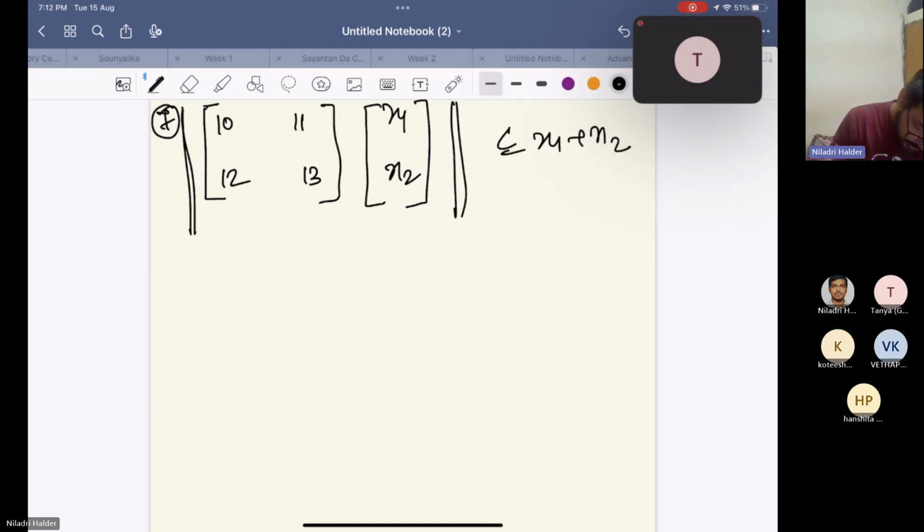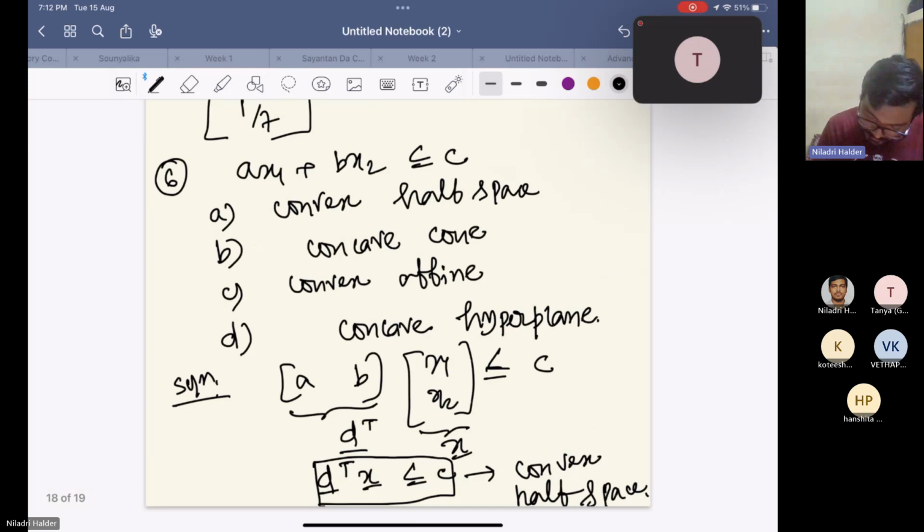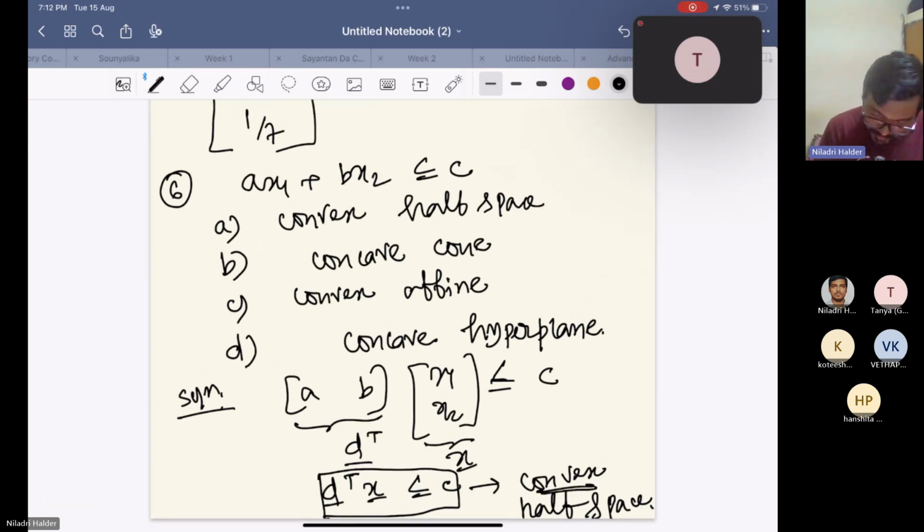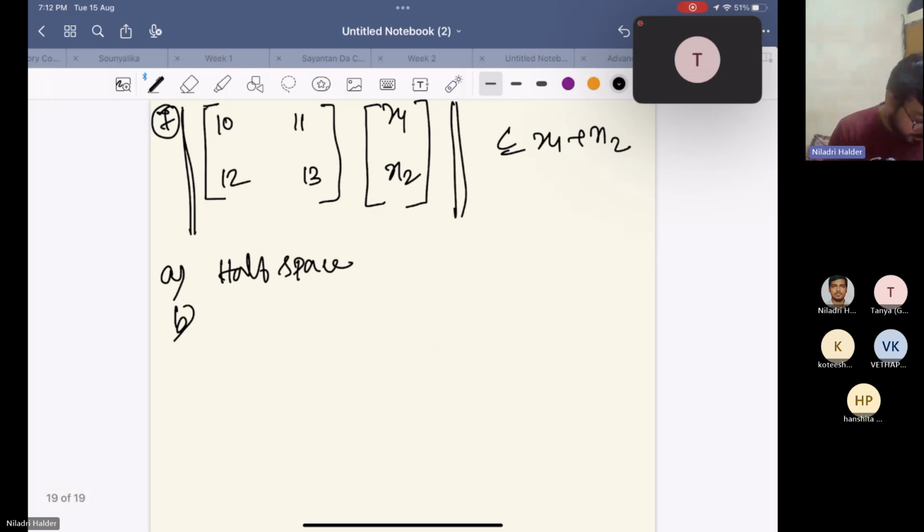So option A is a half space. Okay, so this is a convex set also, a convex subspace. You can check whether it is a convex set or not. Take some t belonging to 0, 1, and check that t times x plus 1 minus t times y, some other vector, will also fall in that space. So this is a convex set also.